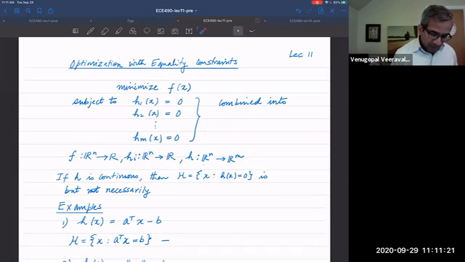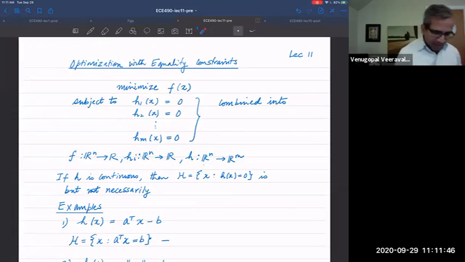so what we said before was we were trying to minimize a function with x being constrained to some set S. But instead, now we're going to actually specify exactly how that set is constructed, and we say we're going to be constructing that constraint set through these constraints. Okay, h1(x) equal to 0, h2(x) equal to 0, maybe up to m constraints, hm(x) equal to 0.